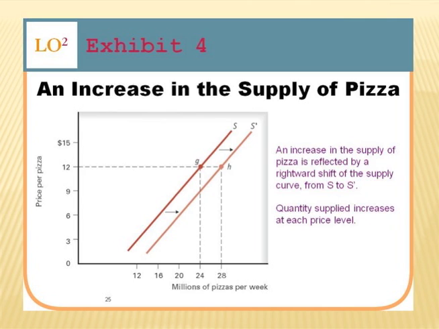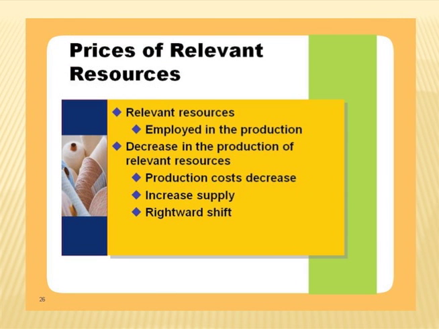Same thing would work in the other direction. Wouldn't work for technology, but if we had an increase in cost, it would go in the opposite direction. The price of resources employed in production will also change the entire supply curve. If we have a decrease in production cost, then it's going to do exactly what we've represented before.